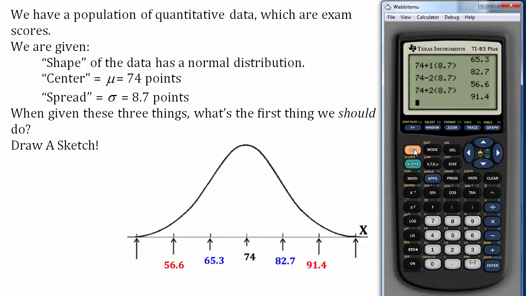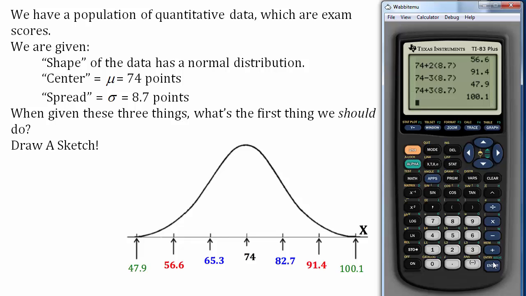And let's go ahead and calculate 3 standard deviations below the mean and 3 standard deviations above the mean. So 99.7% of these exam scores are going to be between 47.9 and 100.1.